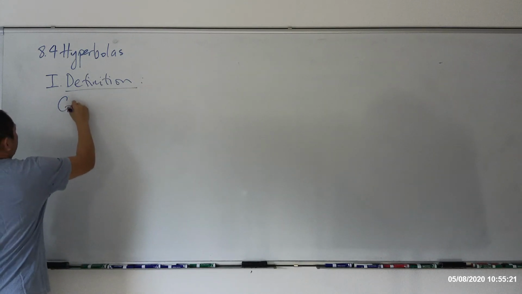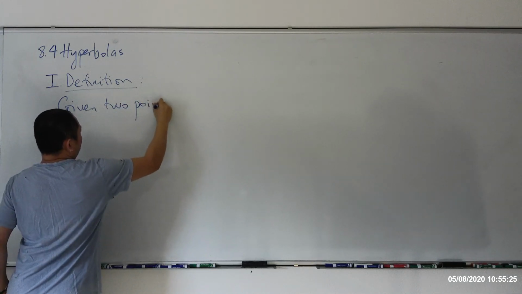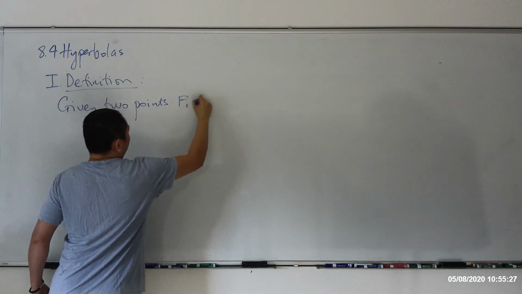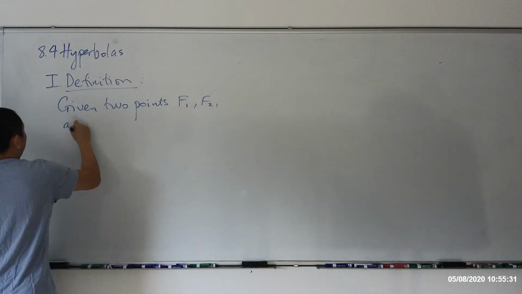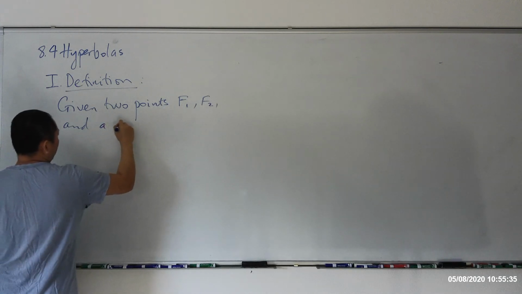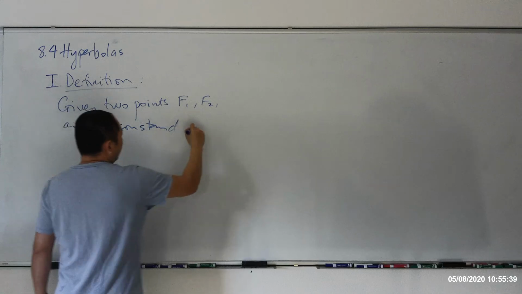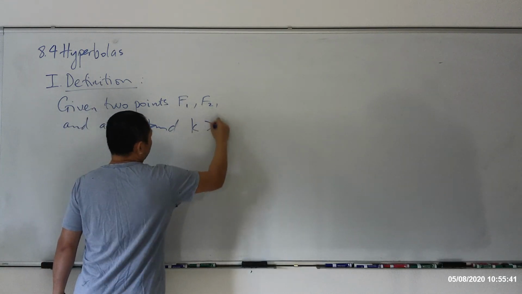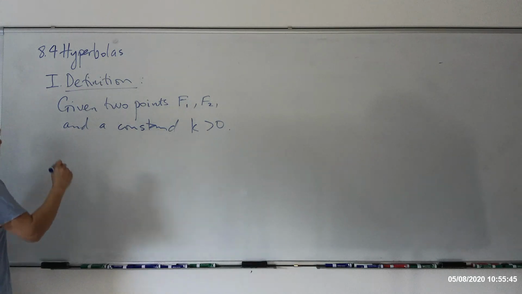Given 2 points, say F1 and F2, and a positive constant K. Okay? So a hyperbola is defined this way.